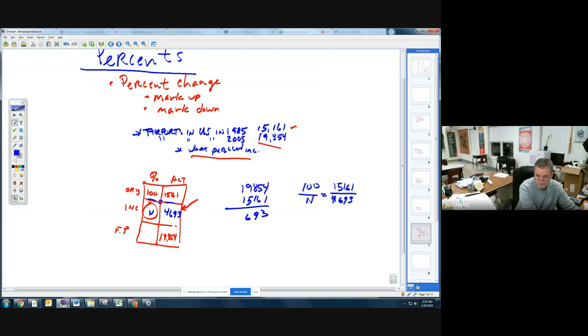You're going to have to do some cross multiplying here. 15,161, and we do this times this has to equal 100 times that, which we just add 2 zeros because it's times 100. And then to find the answer, it's just going to be dividing 15,161 into that.